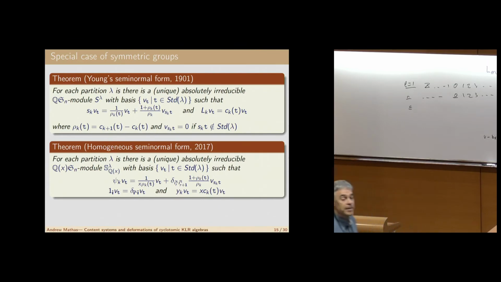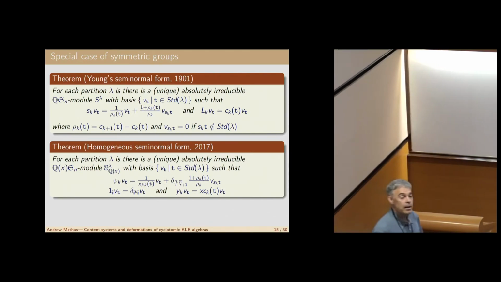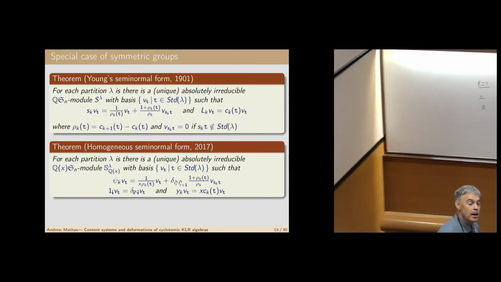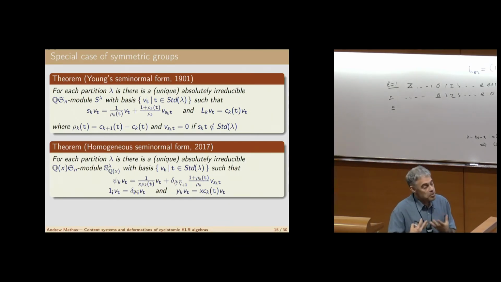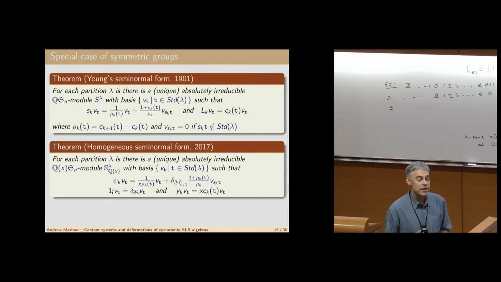Yes? You said the features were, you didn't have any choice, but you do have a lot of choices in Young's semi-normal form, right? So it looks like... So if you want to construct a homogeneous presentation, then the degrees are fixed in some way or form. So in this case here, yeah, maybe I should retract from that actually.